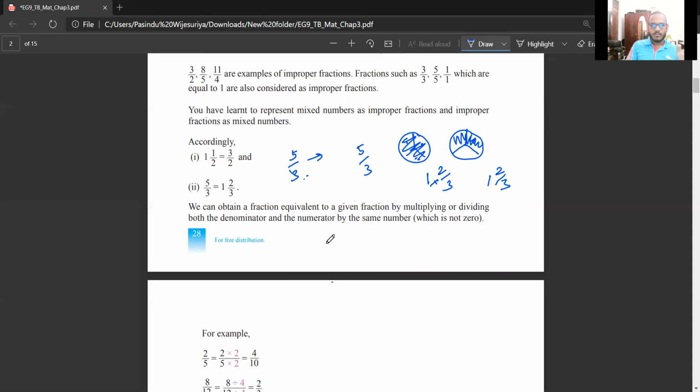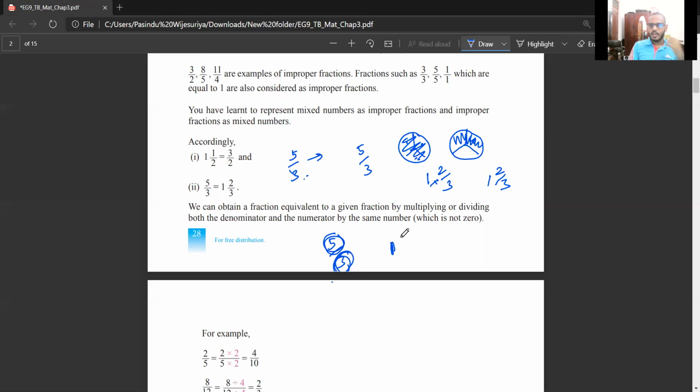So basically what you have to do is, if it's 5 over 3, consider this 3. Subtract the multiples of the denominator from the numerator. So here how many 3's are there in 5? Only 1.